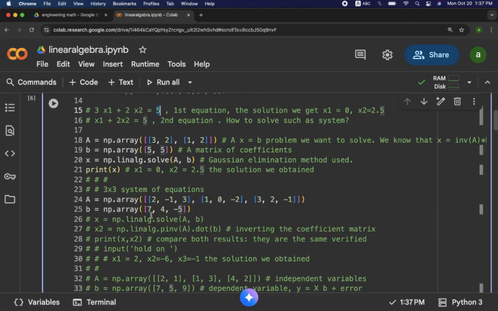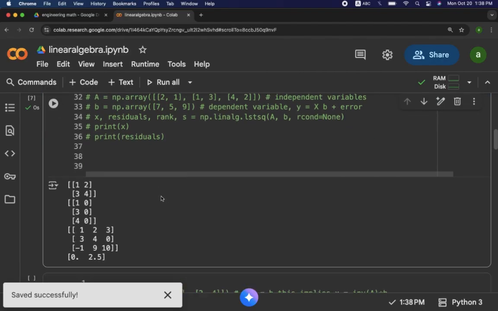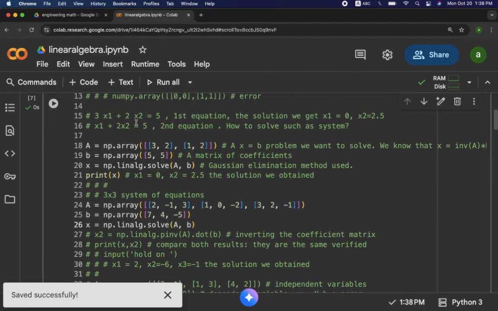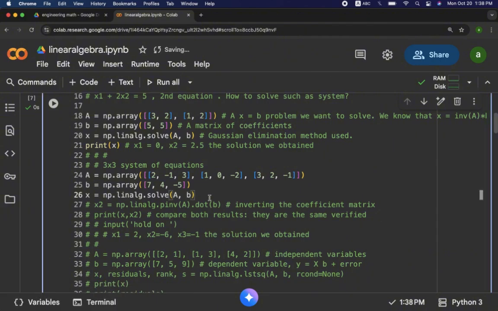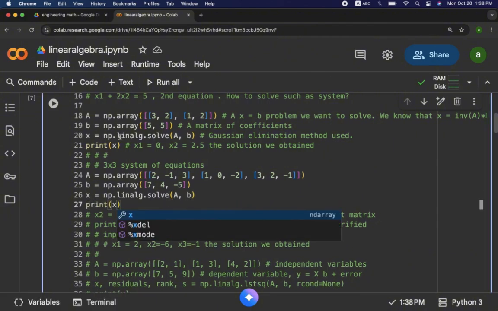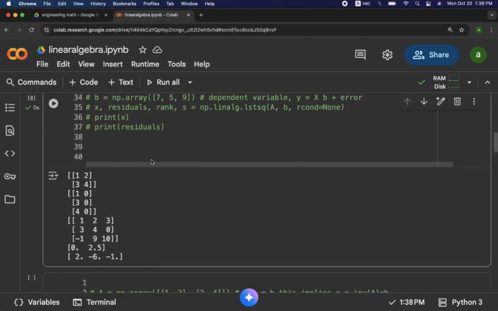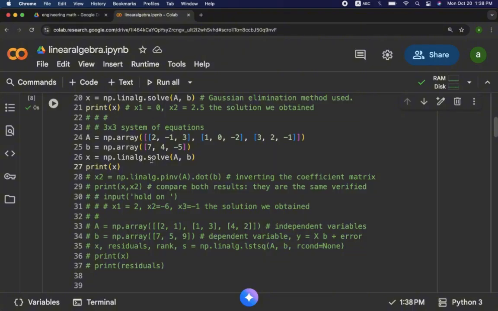And this time, whatever the problem is, you need to enter the right-hand side coefficients and then just call the function one more time. And basically you can obtain the result, and let's put a print statement here, and then let's verify. So this is the solution for x1, x2, and x3 from our 3 by 3 system.